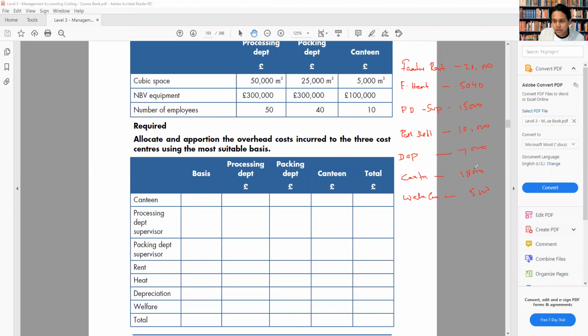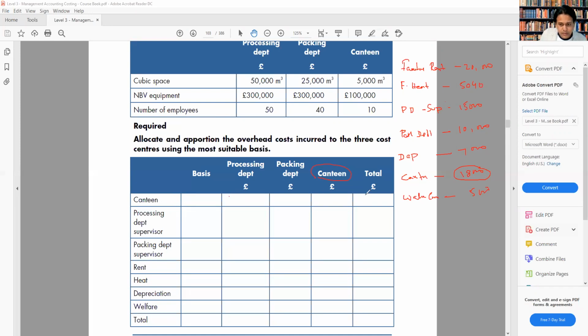For the canteen, we have a cost of 18,000. So this 18,000 we can directly allocate, isn't it? We don't have to apportion it because we have a department here for the canteen. If I know this cost belongs to the canteen, I can allocate directly. I don't have to divide. So I say canteen cost, that is 18,000 pound.